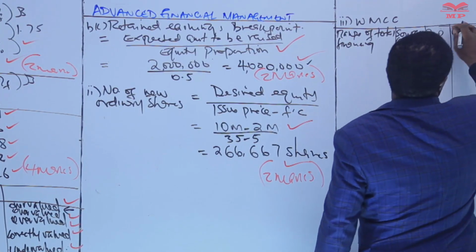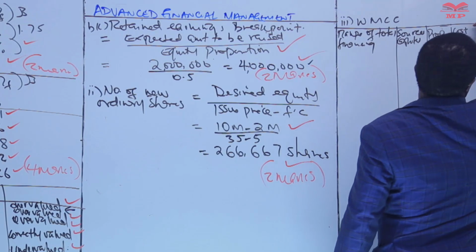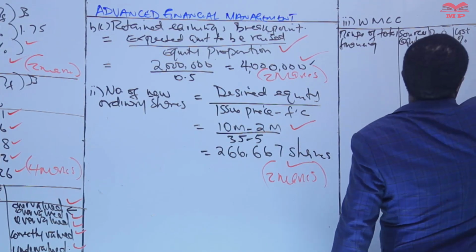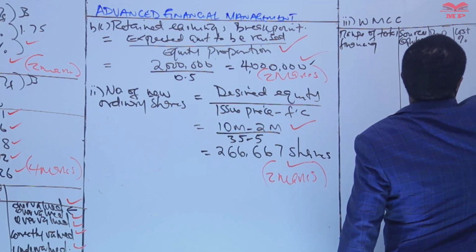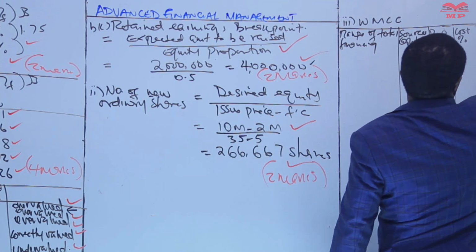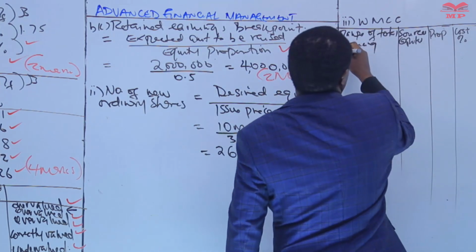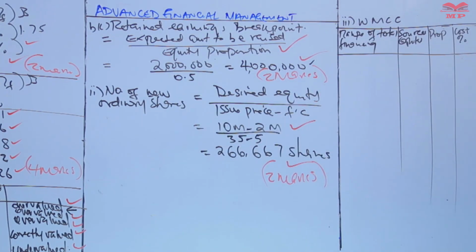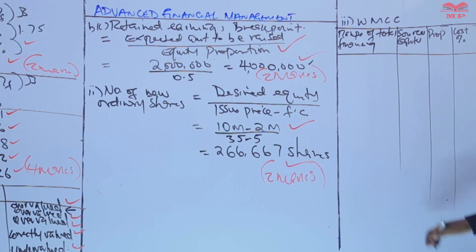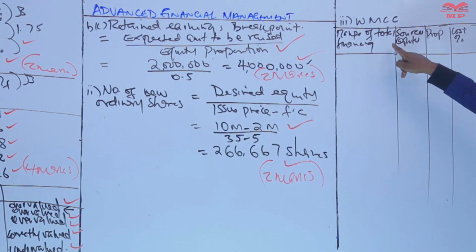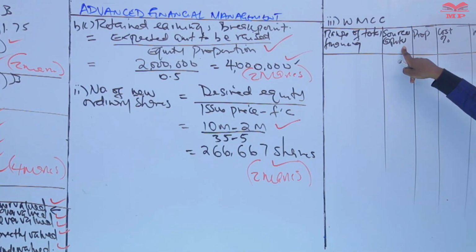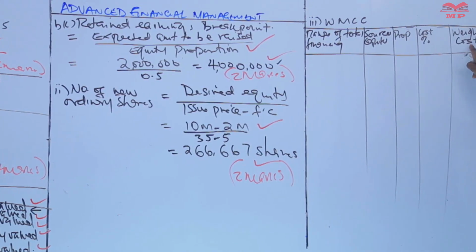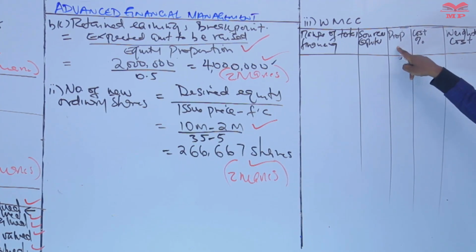Then lastly, you're going to have the weighted cost. Range of total financing, sources of capital, the proportion, the cost, and the weight. To get the weight, we multiply the proportion by the specific cost.